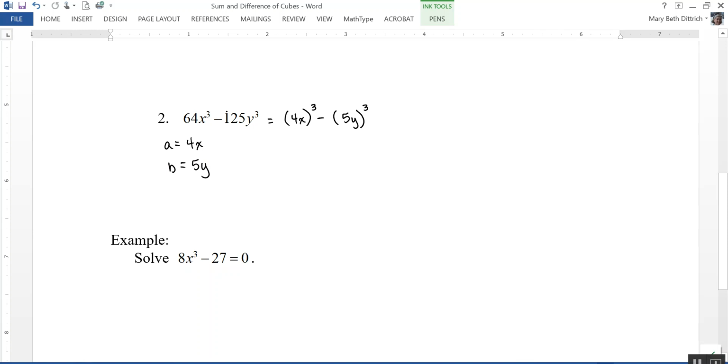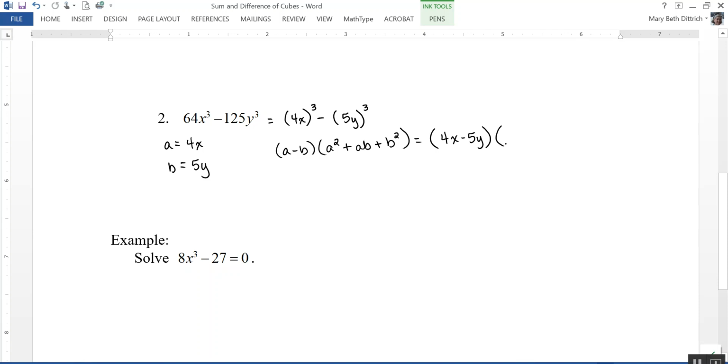And then for this, I'm going to be using the formula a minus b times a squared plus ab plus b squared. Notice that in both of these, it's always a positive b squared at the end. So that's going to give me 4x minus 5y.